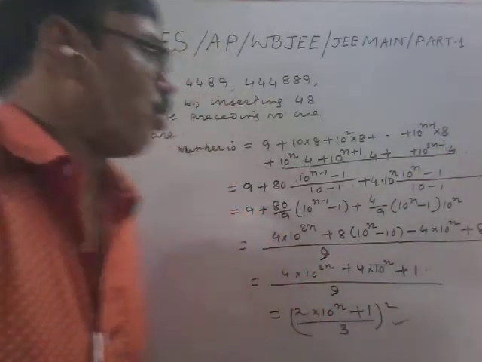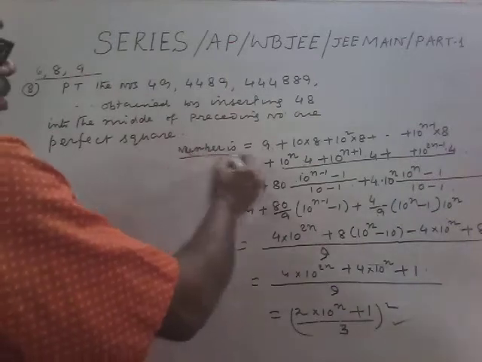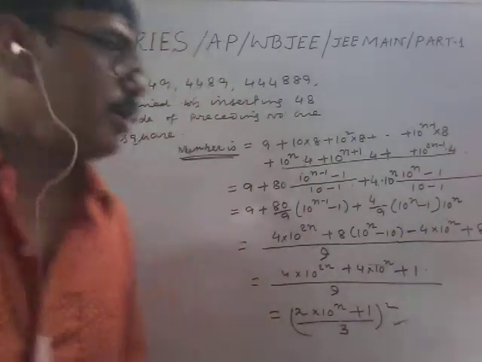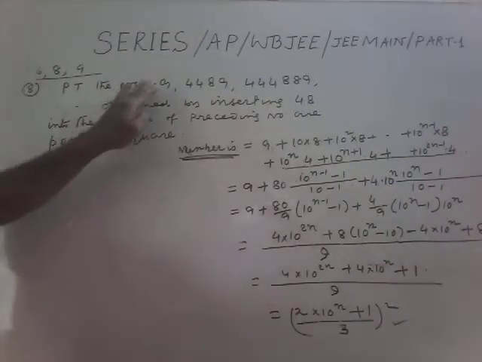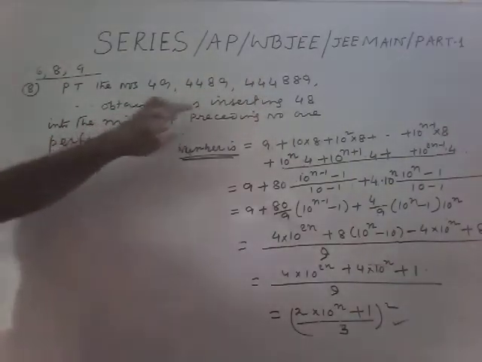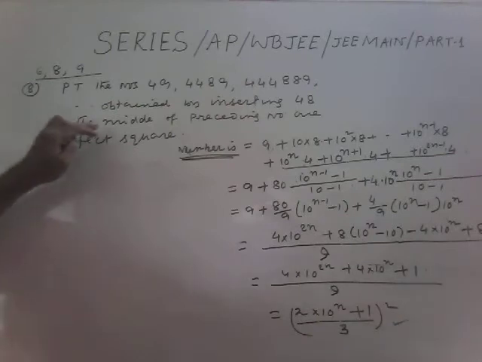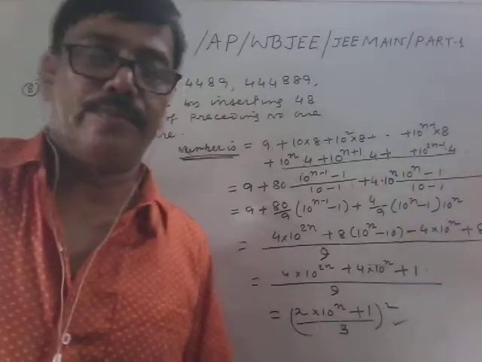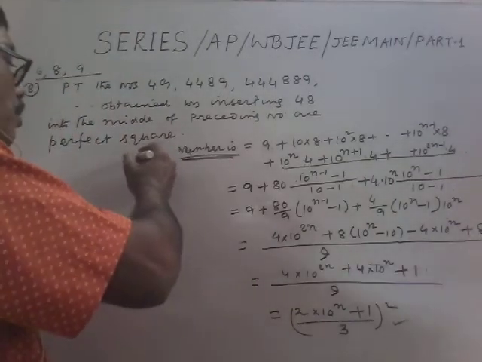Look, only this step is important, then it is mere calculation. So prove that the number obtained by inserting 48 into the middle of the preceding number is a perfect square. So this is a typical problem.